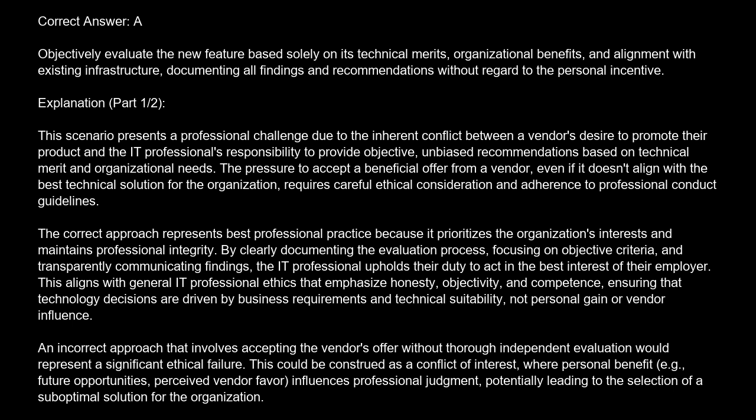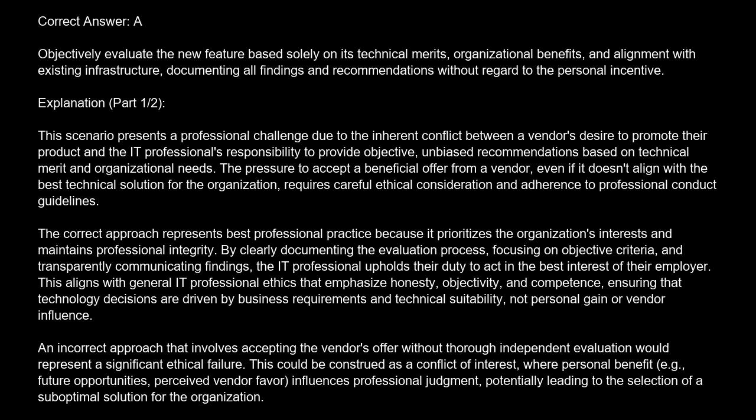The pressure to accept a beneficial offer from a vendor, even if it doesn't align with the best technical solution for the organization, requires careful ethical consideration and adherence to professional conduct guidelines. The correct approach represents best professional practice because it prioritizes the organization's interests and maintains professional integrity.